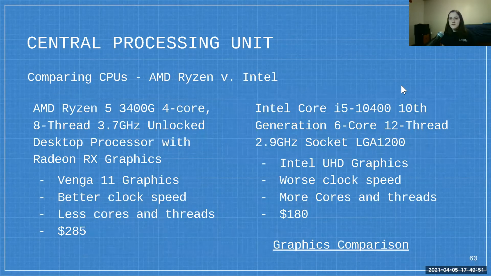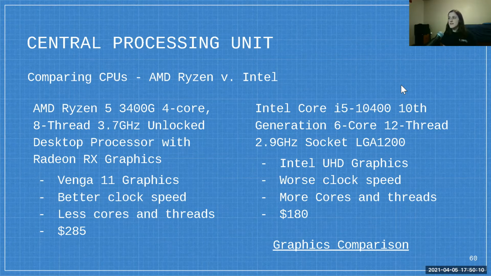All right, so now we're going to compare some CPUs. And again, I said that there's two big brands: the AMD Ryzen and also Intel. AMD is the manufacturer and Ryzen is the model. So we'll start with the Ryzen.